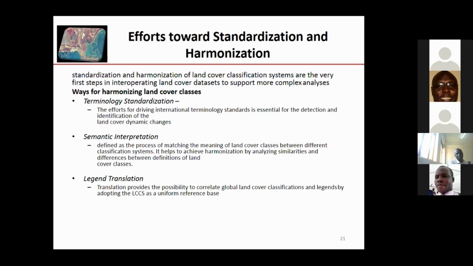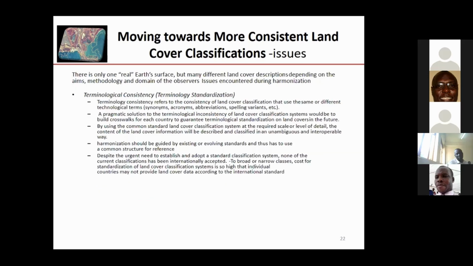Now, if you get two different standard products and you try to combine them, then you have issues. At times, some of these classes are so narrow and others so broad that they don't help you do your classification.